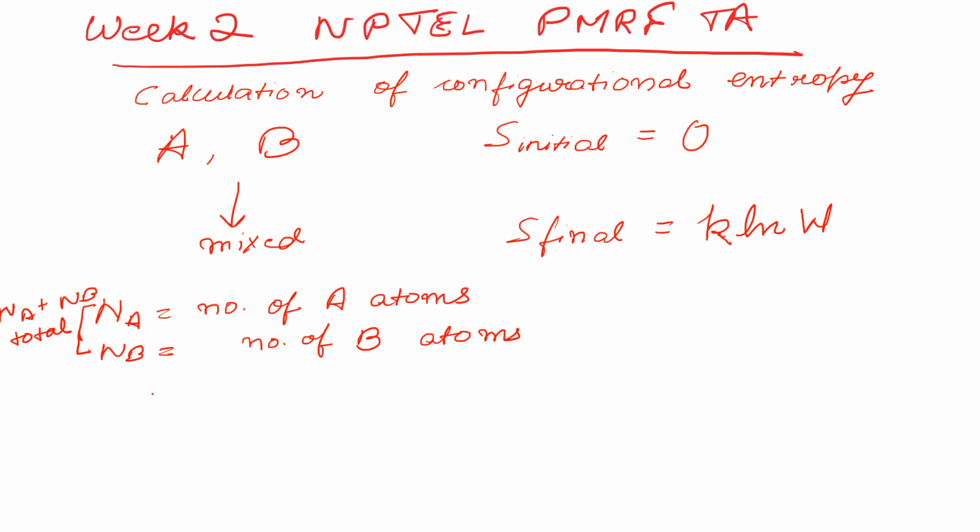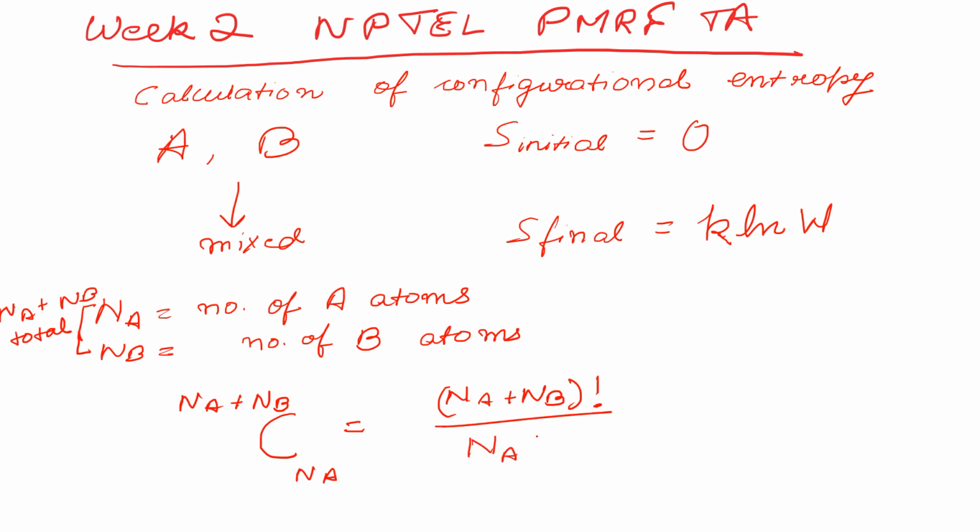By combinatorics, we know that if we have a system containing Na plus Nb atoms, and a total number of sites as Na, the total number of combinations that we can make with the system is this, which on expanding gives us this. And we just take a difference between these two, which is nothing but Nb, the number of B atoms. And this is actually the W parameter that we see in this equation.